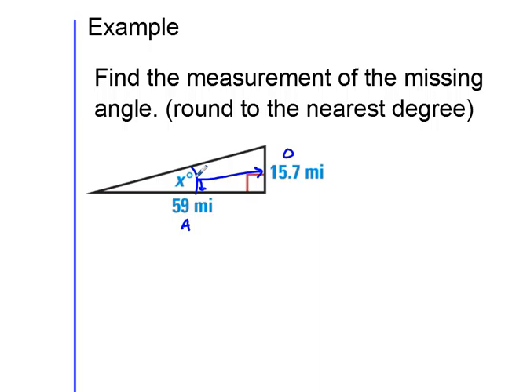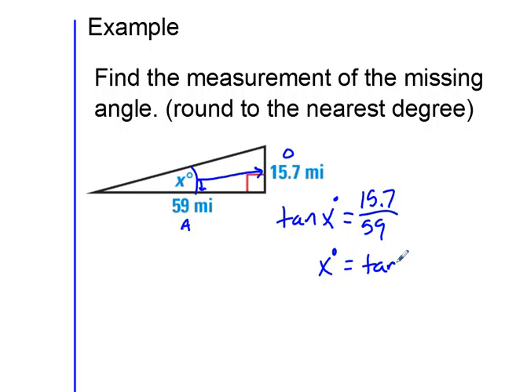So what is opposite over adjacent? Well, that'd be tangent. So the tangent of my x angle is equal to 15.7 over 59. We do the inverse of tangent to actually get my angle x.